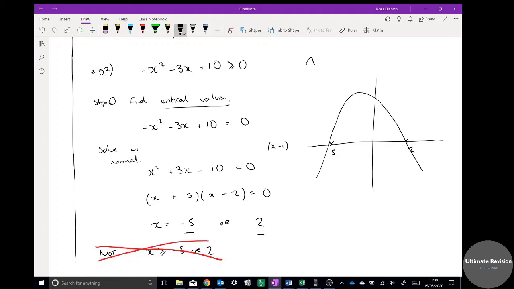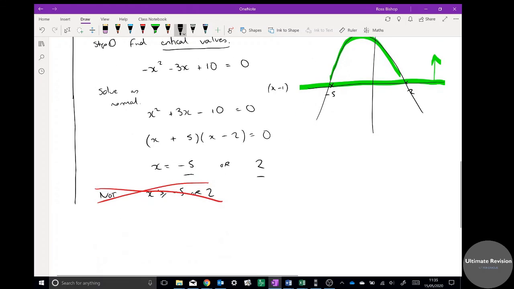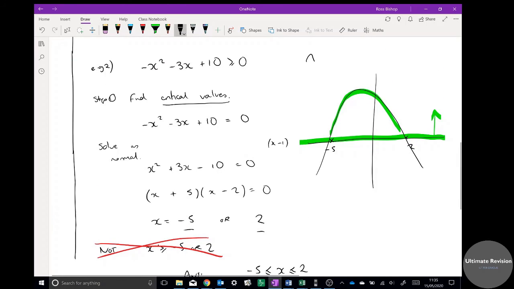Now, where is this graph bigger than 0? Where is it above the 0 line? That's what it's saying. Now, it's above the 0 line between those points, isn't it? That area of the graph is above 0. So my answer, quite simply, is x has got to be greater than or equal to -5 and less than or equal to 2. It's or equal to because it was greater than or equal to.